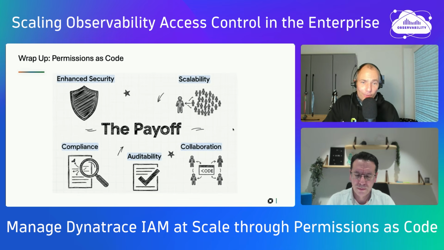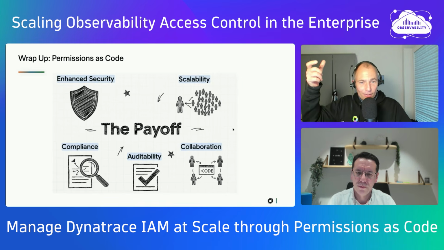What I've learned over these 2 sessions, and folks, do me a favor, in case you haven't seen session number 1 with Florian, check out the links. We have learned how you can go from global default user groups that we ship with Dynatrace out of the box, how we can go vertically down into very fine-grained access control using policies and boundaries.